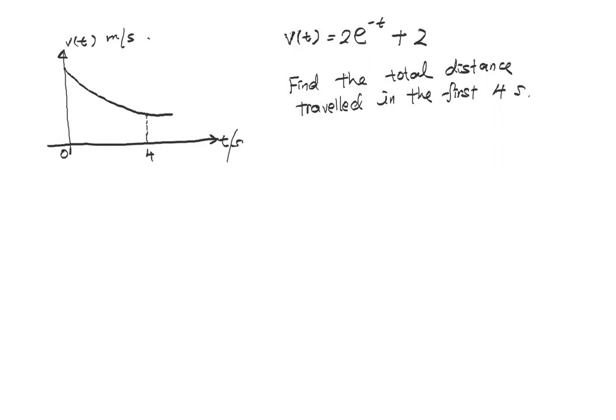So which means that I have to find the area bounded by the curve y equal to 2e to the power negative t plus 2. Correct? So this is the first boundary.